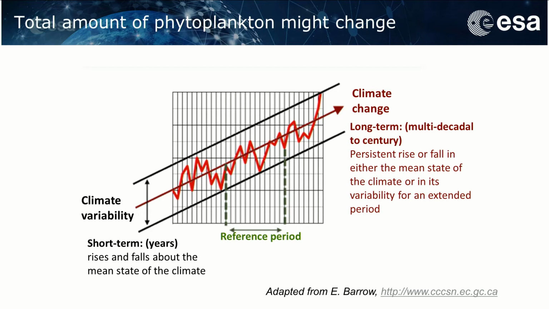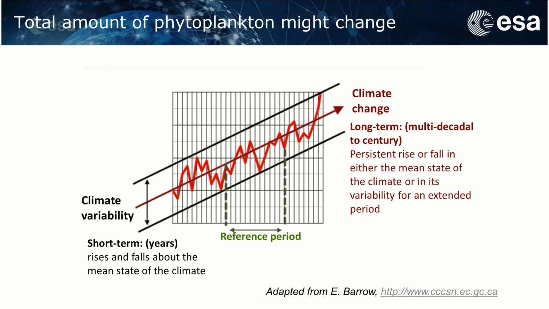Now, part of the reason is, this was a nice slide lent to me by Marie-Fanny Racault. We need to define what we mean by climate variability and climate change. So climate variability is defined as short-term, in terms of years, rises and falls about the mean state of the climate, whereas climate change is a longer-term, multi-decadal to century-long data set that can look at persistent rises and falls in either the mean state of the climate or its variability for an extended period.